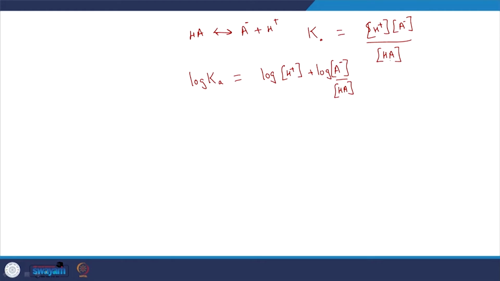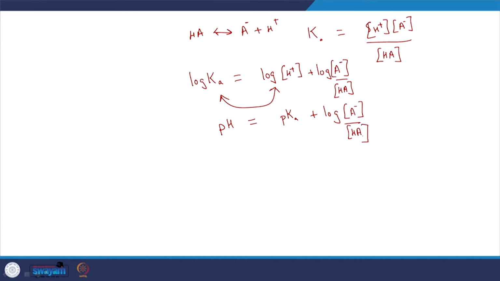I am not taking the log of this ratio because I want to leave it as a ratio. If I swap both these terms, this will become minus log H plus, and this will become minus log Ka, but minus log H plus is pH. So pH is equal to minus log Ka, which is pKa, the acid dissociation constant, plus log of A minus by HA.